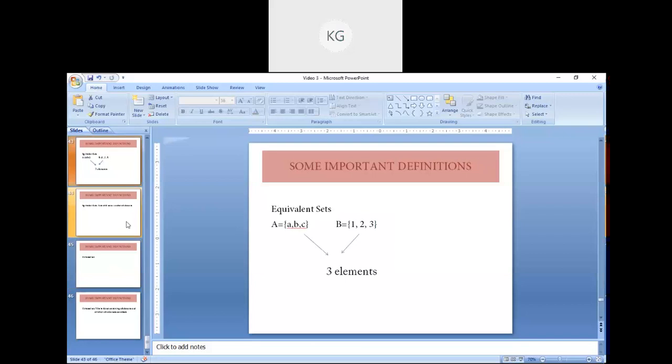First, they must have an equal number of elements, and next they must have the same elements. But in equivalent sets, only one condition has to be satisfied, and that is the same number of elements. But the elements may not be the same. So this is the difference between equal sets and equivalent sets.